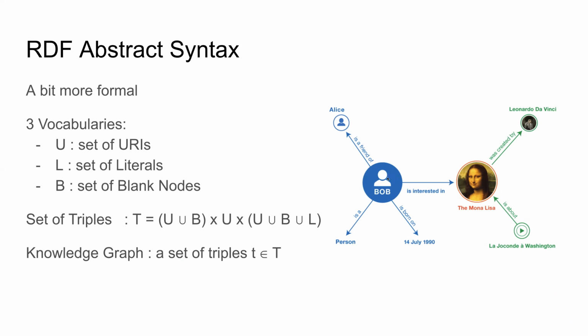The set of literals could include 14th of July because we can't really express anything else beyond this value, and maybe this audio file that is about Mona Lisa can also be considered a literal. In this example, we wouldn't have blank nodes.